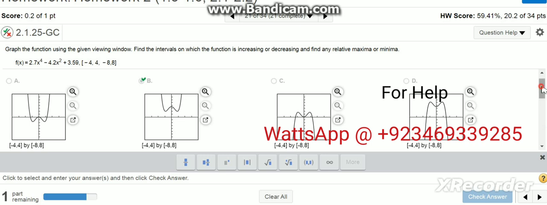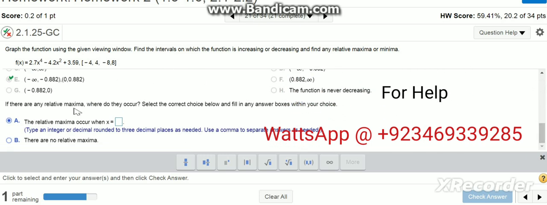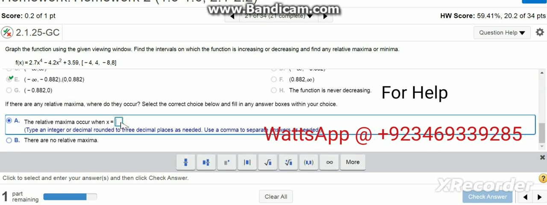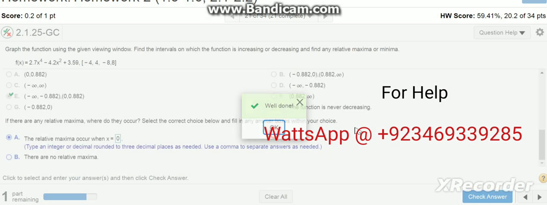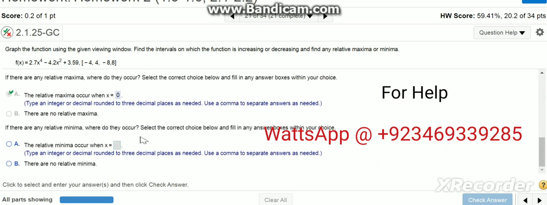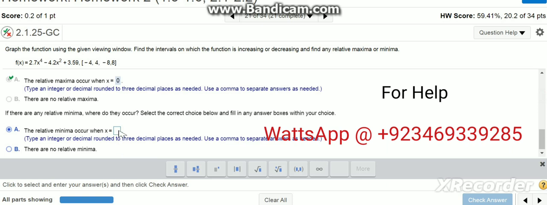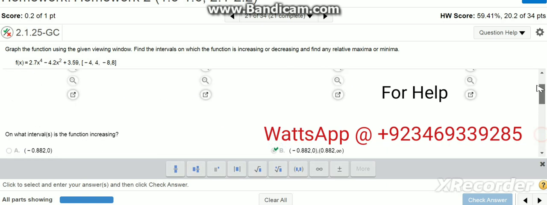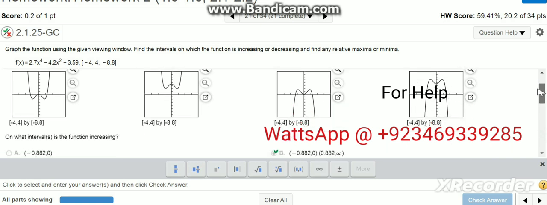Let's continue. So our next question: is there any relative maxima? Where does it occur? Yes, there is a relative maxima when x is equal to 0. Thank you. When x is 0, the graph goes up to some point, maybe 2, 3 or 4. That's the relative maxima. Now the minima: at what value of x does the graph go to a minimum?